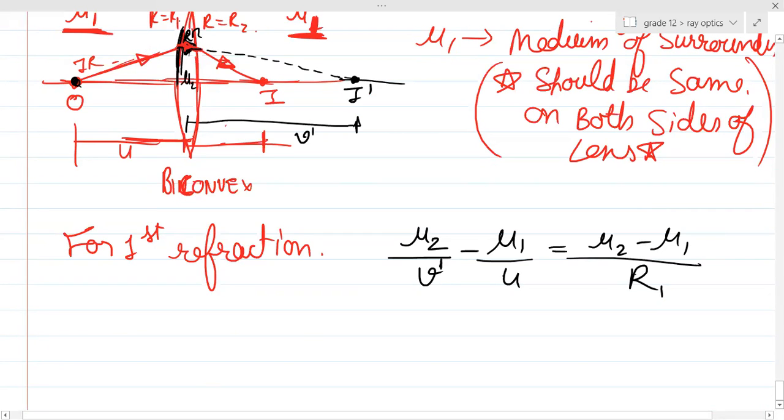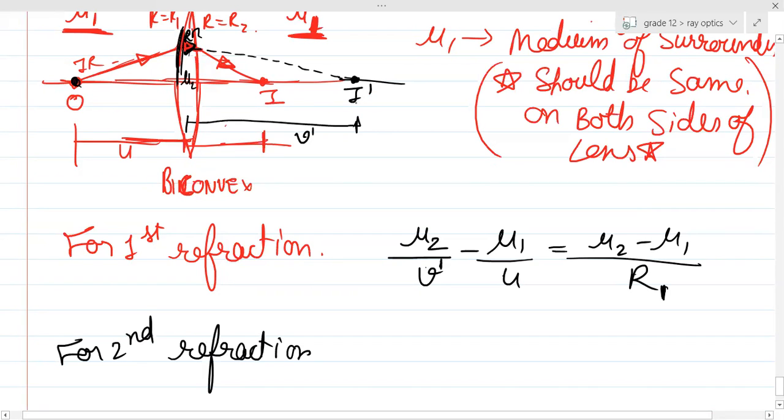So that is why we have taken mu2, and the image was formed at V dash. So mu2 by V dash minus mu1 by U is equal to mu2 minus mu1 by R1. R1 is the radius of the first refracting surface. Similarly, for the second refraction, please remember, now image I dash will be acting as your what?